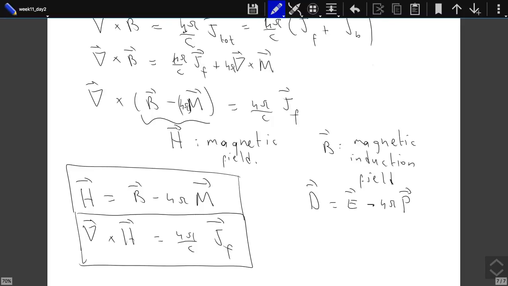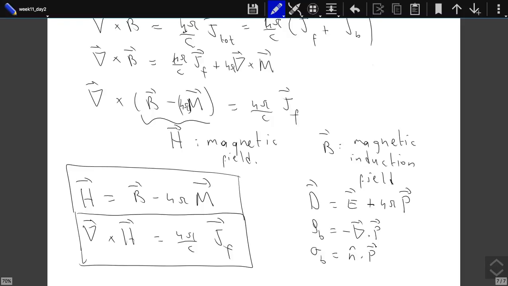And we said that this polarization, we can also describe it as a kind of bound charge density and bound surface charge density. And we said that rho B was equal to minus the divergence of P, and sigma B was equal to n hat times P. Can somebody check the book?